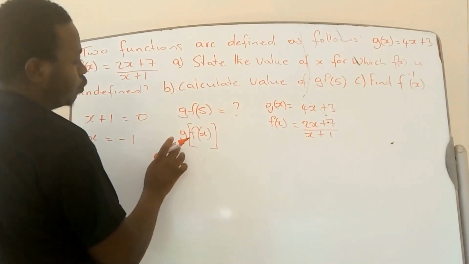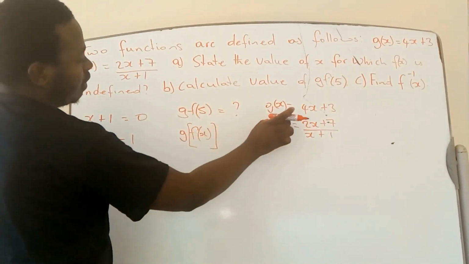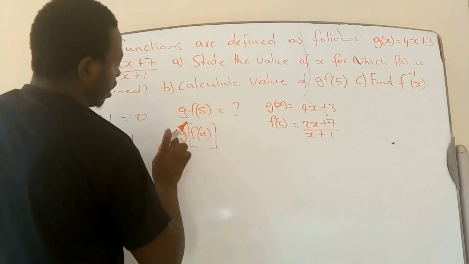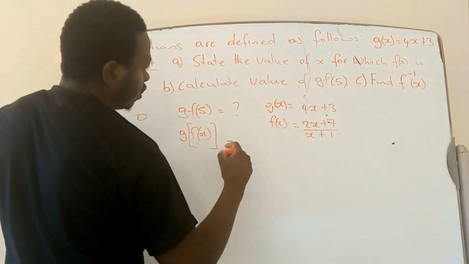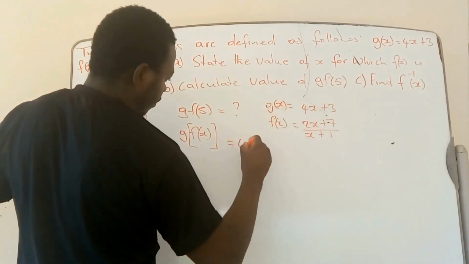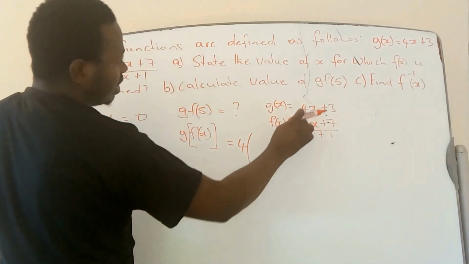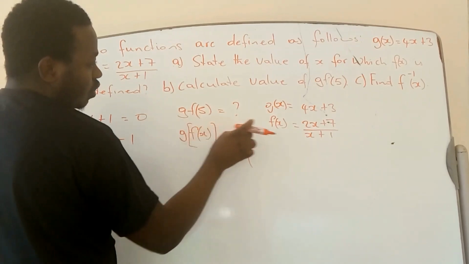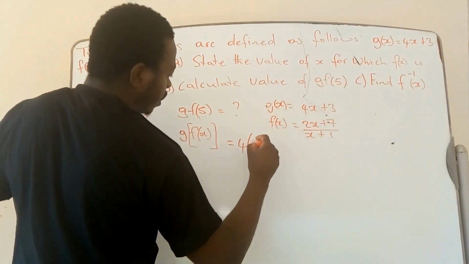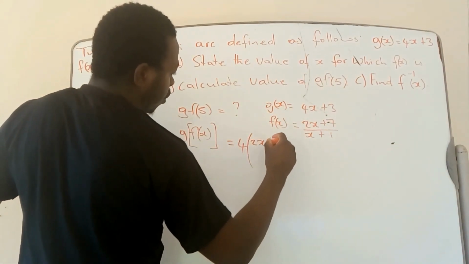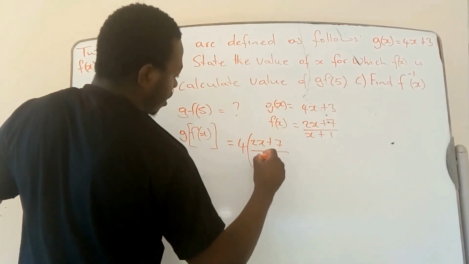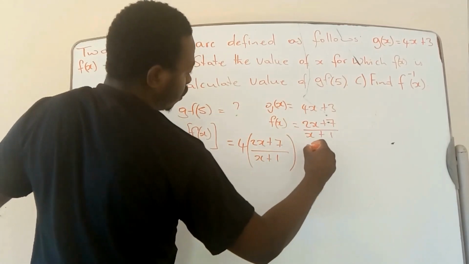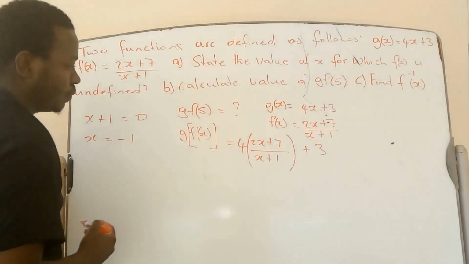So if we are now putting the function f of x into this function g of x, then g of f of x is equal to 4, open bracket, instead of putting back x, you are going to put the function f of x, which is all of this, which is 2x plus 7, all divided by x plus 1, plus 3, right?